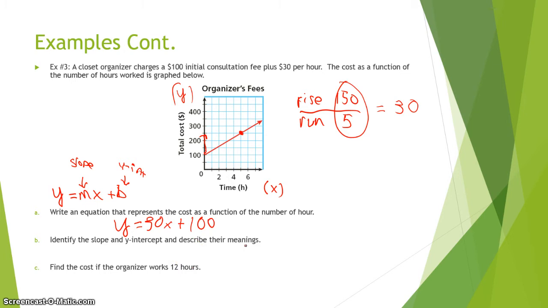So for my slope, what I'm going to explain with this is that my slope equals 30, and this is the rate of change of the cost, $30 per hour.